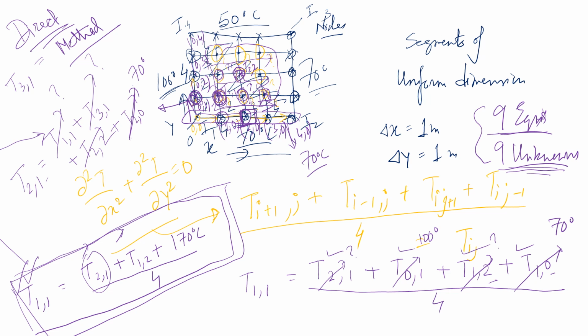If all the edge temperatures are known, then in this case you will have 9 unknowns, 9 equations. Solve the equations for these 9 unknowns, and you will get the temperature at all these intervals, right? This method is known as the direct method. This is not an iterative method. It requires solving 9 equations.